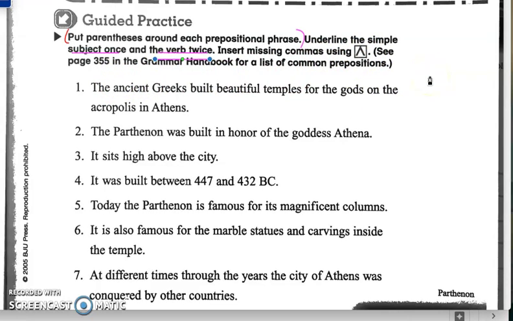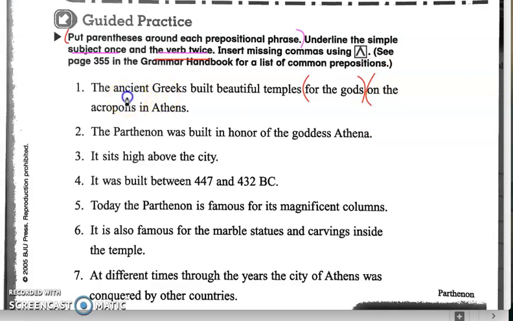Number 1, the ancient Greeks built beautiful temples for the gods on the Acropolis in Athens. So what is the prepositional phrase here? First look for the preposition. If you said for, that's right. What's the object? For what? For the gods. We have another preposition, which is on. On what?